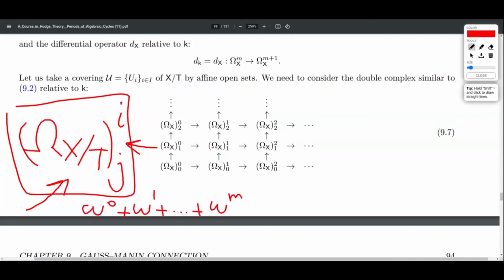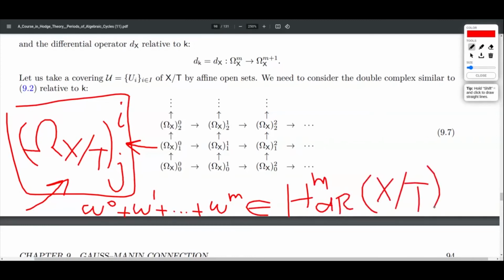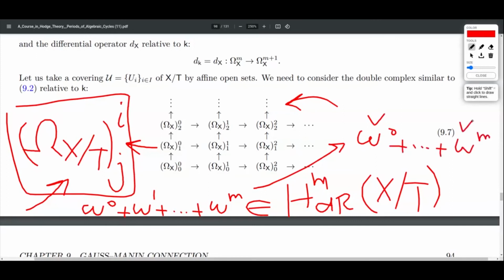So we take an element omega_0 plus omega_1 in H^m de Rham of X over T, and we take a representative of this in this double complex, and we denote it by omega_0 check plus and so on up to omega_n check.